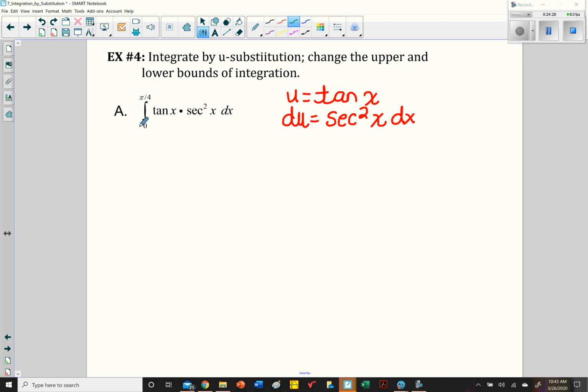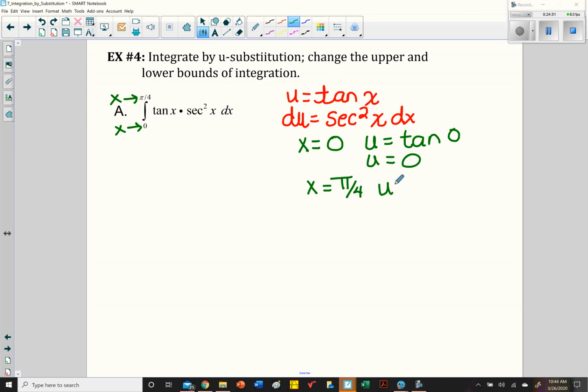This is when x equals 0. When x equals 0, u is the tangent of 0, so u is 0 because the tangent of 0 is 0. This is when x equals pi over 4. When x is pi over 4, what is u?